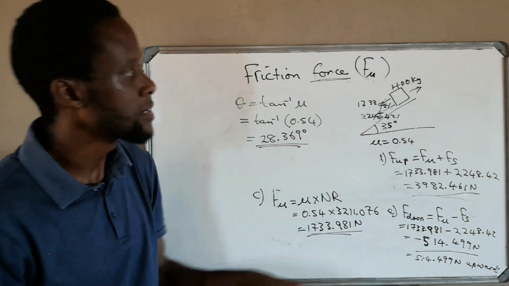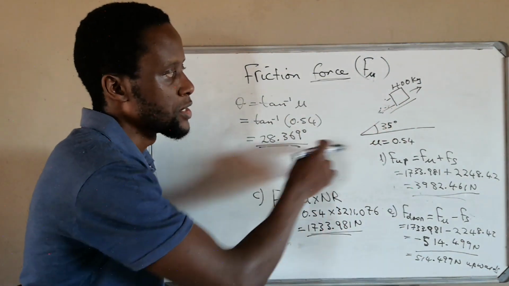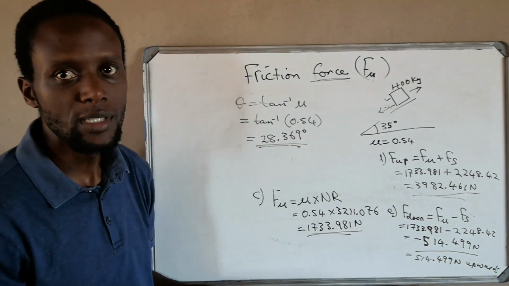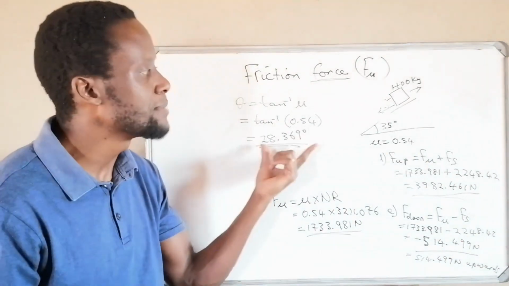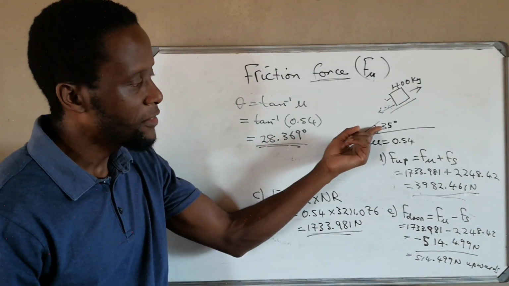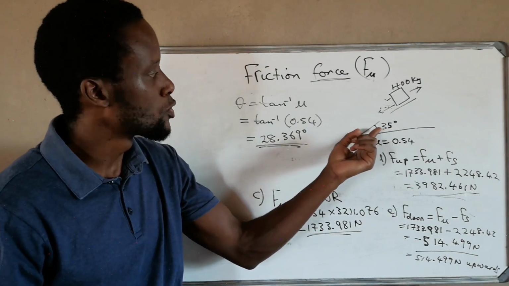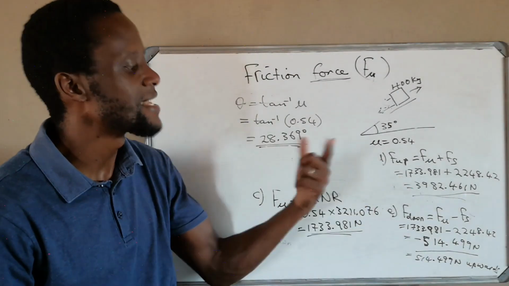Now notice that we are not at 28 degrees, we are already at 35, which means we have exceeded the angle of rest and the object is already moving downwards by itself. And at 35 degrees, you don't need to push the object downwards anymore because it is already moving downwards and it is accelerating.